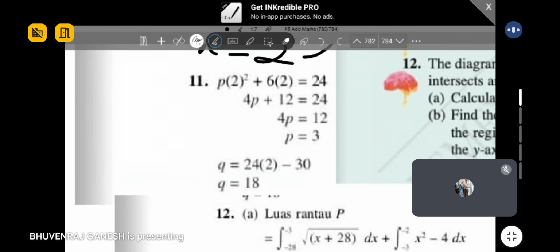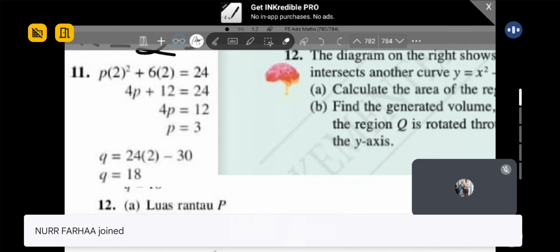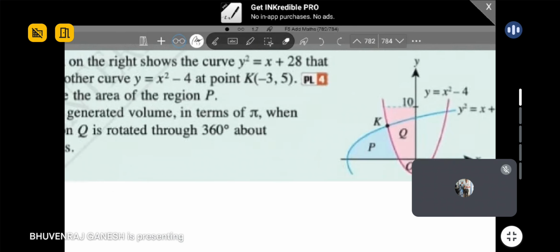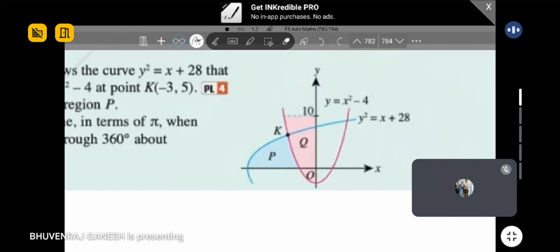Okay, so they ask you to find area of region P. So means that which axis are we integrate now, guys? X-axis or Y-axis? Based on the question. Which axis we are going to integrate? Yes, of course, X lah. If you want to do Y, also can, but slightly more difficult. If you're talking about Y-axis, means that you take this curve minus this curve.